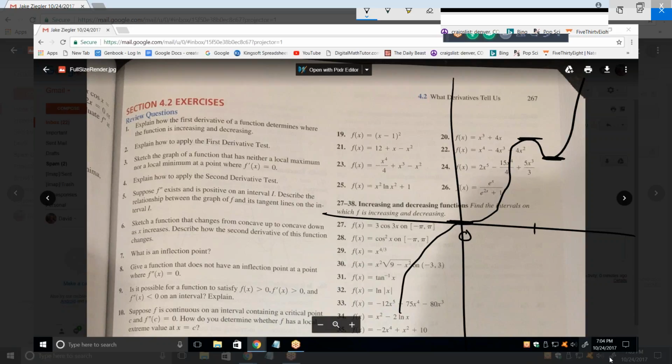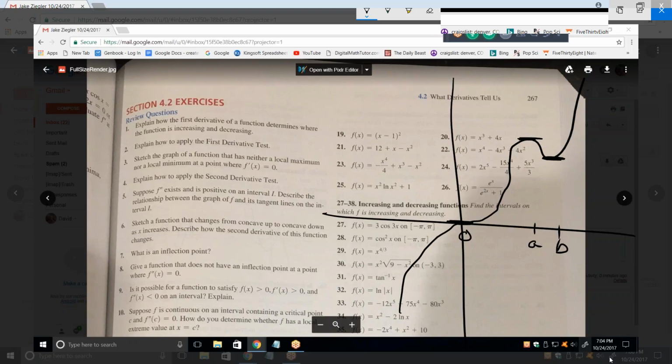Which is a relative maximum? A. What's the relative minimum? B. Which one is neither a relative minimum or maximum? 0. Yeah, it still has a 0 slope.